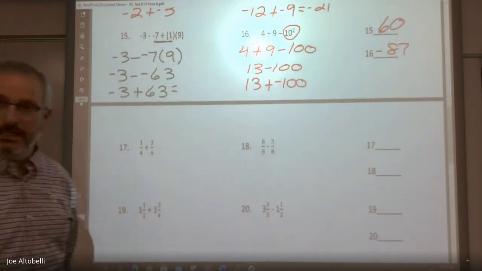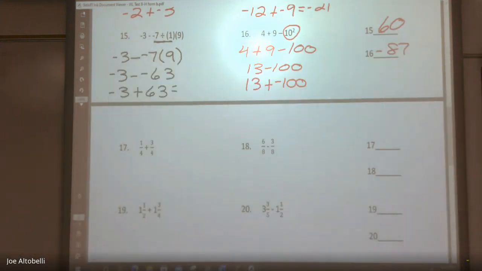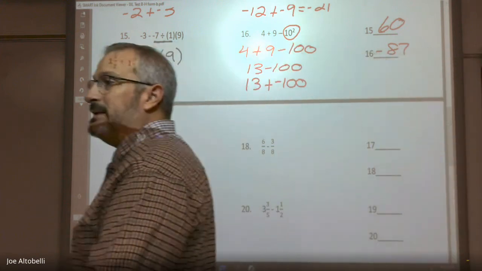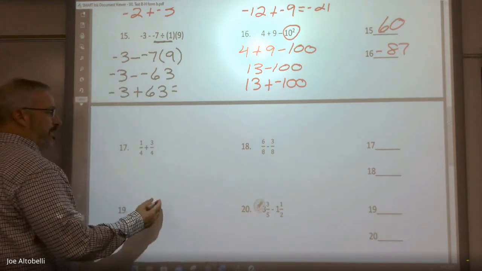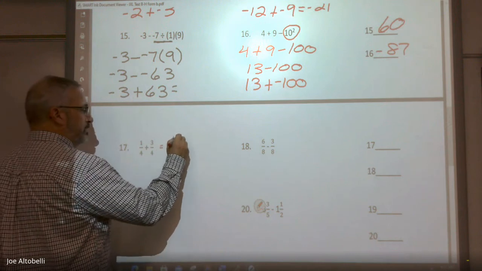All right, 17. I already have common denominators, so I just go top plus top, and the denominator stays the same. 1 plus 3 is 4.